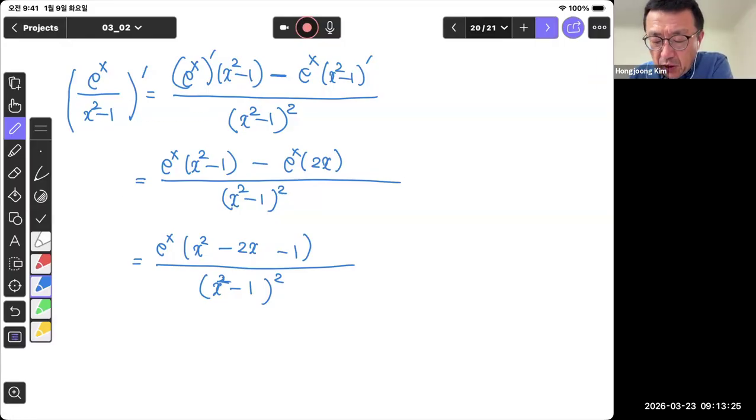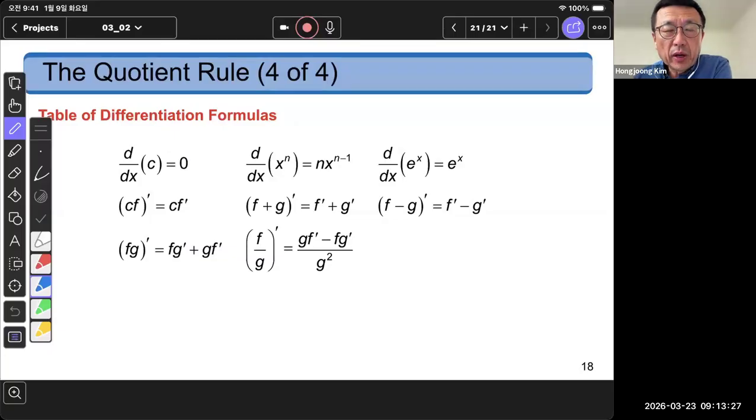So here is the summary of what we have derived. If I differentiate a constant function in x, you get 0. If you differentiate x to the n, you get n times x to the n minus 1. If you differentiate e to the x, you get e to the x.